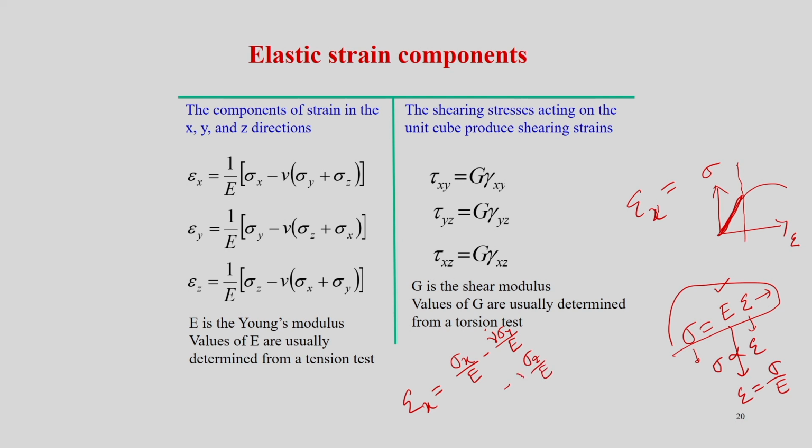These are basically strain components, but when multiplied by the Poisson's ratio, they indicate the effective value of the strain along the x axis, considering the effect of all three stress components.